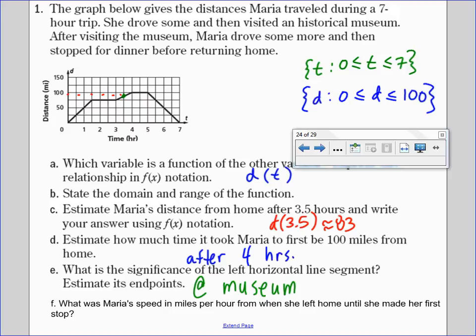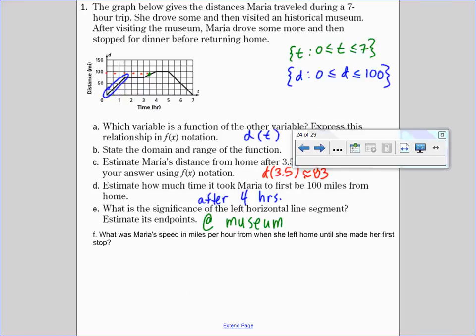What was Maria's speed in miles per hour when she left home until she made her first stop? So that looks like this segment, left home until her first stop at the museum. Keep in mind we can get miles per hour by doing change in distance in miles over change in time in hours. That would be miles per hour, D miles over T hours.